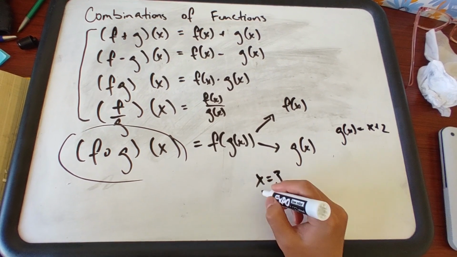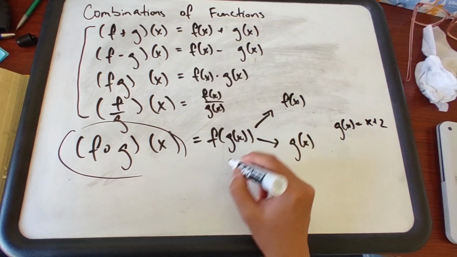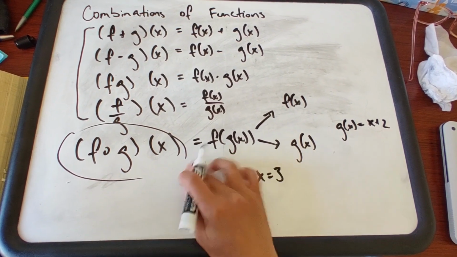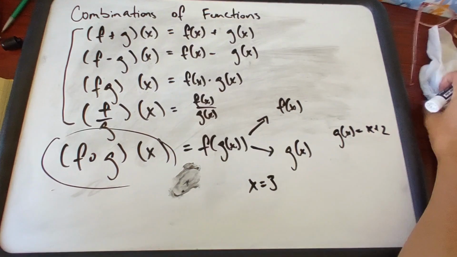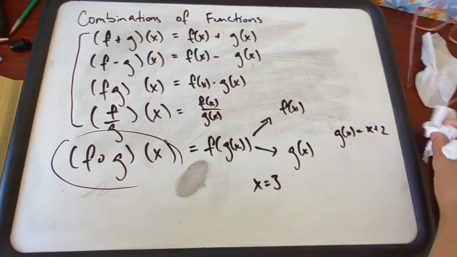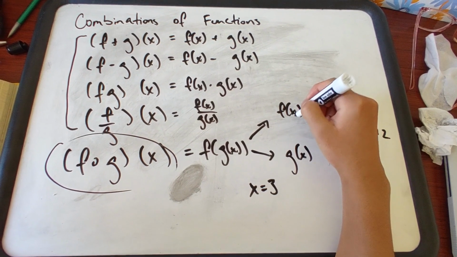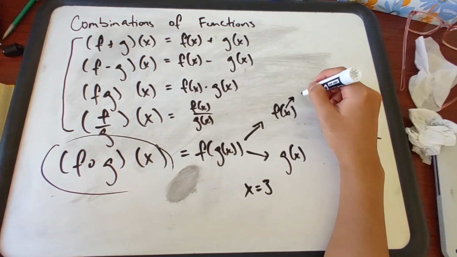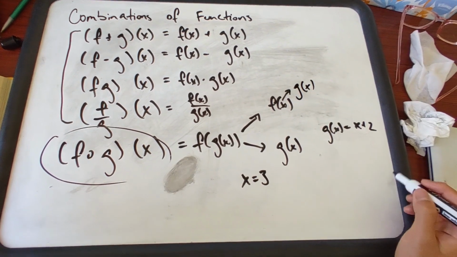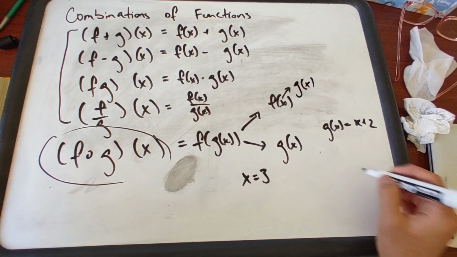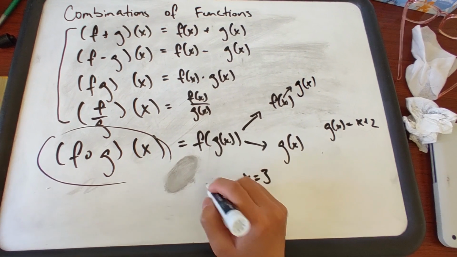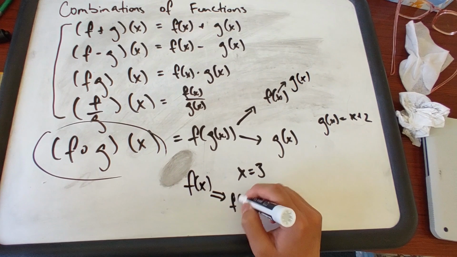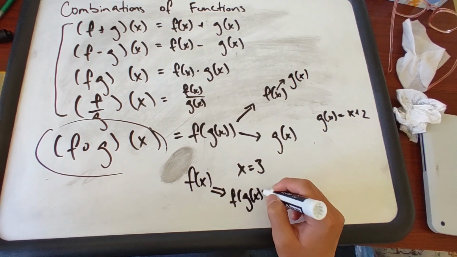So then we could break this into two parts. So you have f of, we already have it up here, so we could just use that. Instead of it being x here, we could just use g of x. So in order to solve for this f of x, it's really just f of g of x.